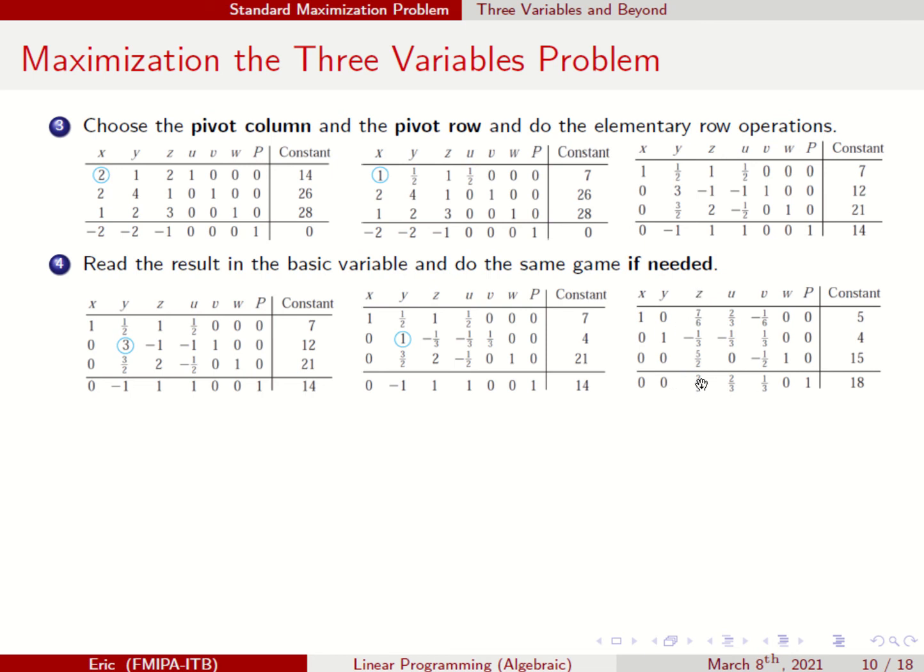Because you have 2/3 z. If you bring this into the right hand side, p equals 18 minus 2/3 z, and because z is non-negative, if you increase z, the profit will decrease. So this is your optimal solution: x equals 5, y equals 4, z equals 0, and your profit is 18.